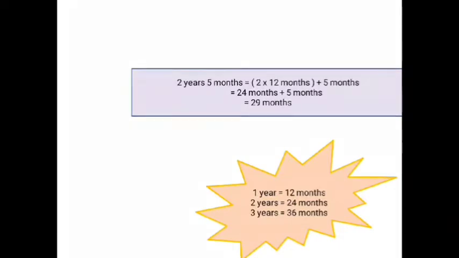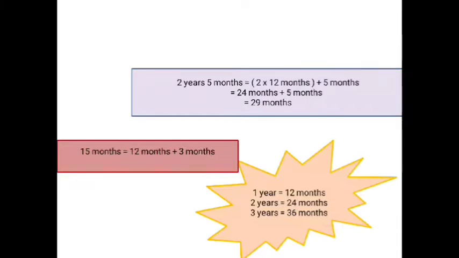How about in 15 months? Now we want to change into years. So we separate them. In 15 months, there are 12 months plus 3 months. 12 months equals 1 year. So 15 months becomes 1 year, 3 months.